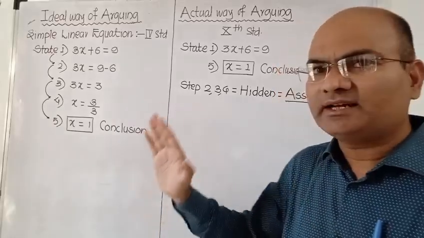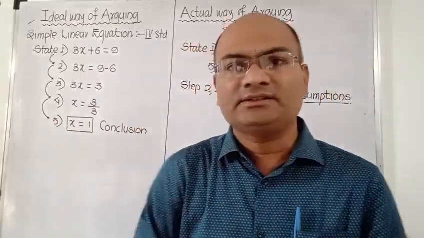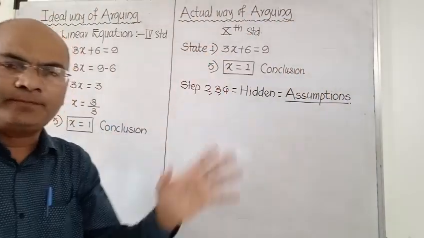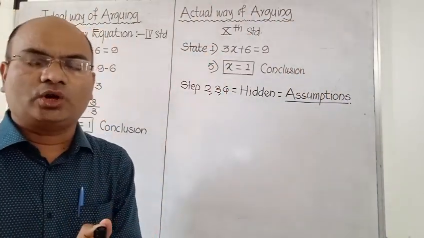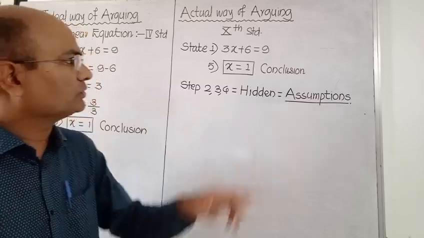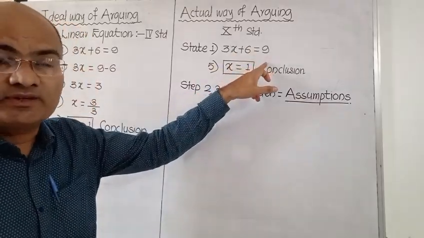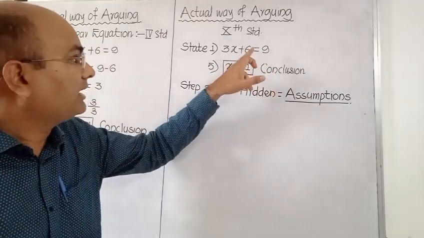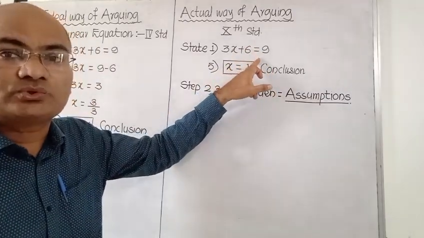Let us understand another way of argumentation, which is called the actual way of arguing. Suppose the teacher told you to solve the same passage when you are in the 10th standard: the same equation, 3x plus 6 is equal to 9.